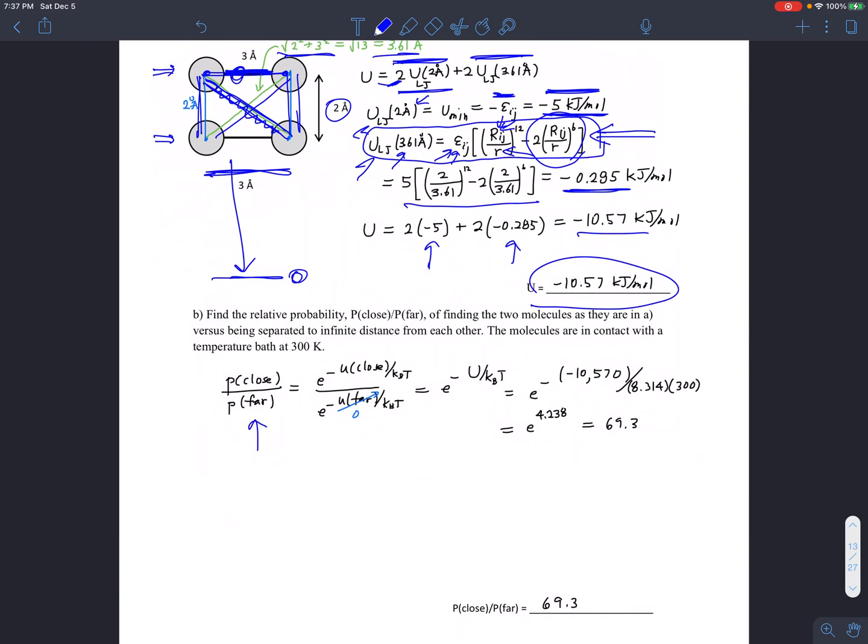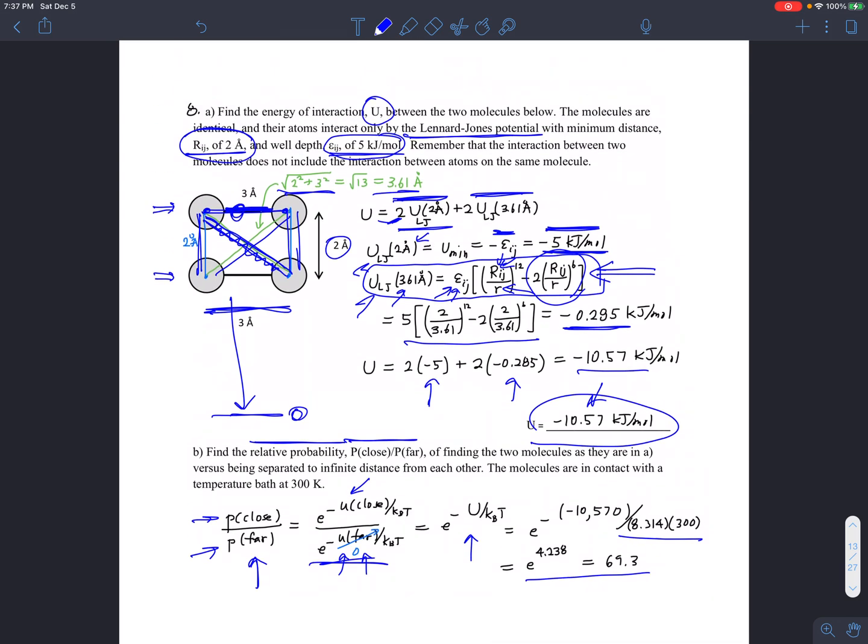So the ratio, this is its relative probability. That means take the ratio here. The ratio of probability close versus probability far is just e to the minus energy close over e to the minus energy far. But the energy far is 0, so this is just a 1 in the denominator. So it's just e to the minus this energy over kBT, and plugging in, that gives 69.3.